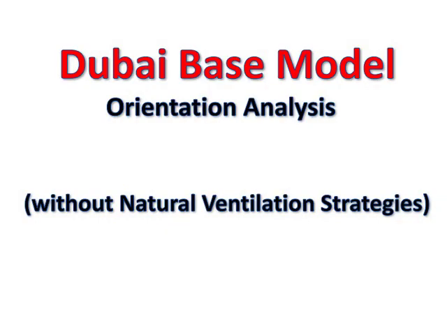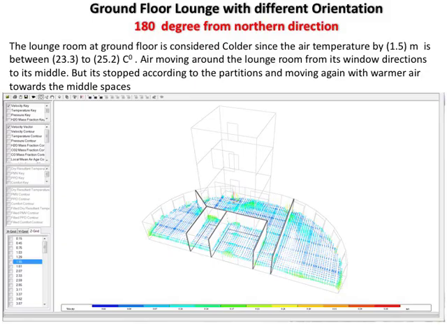For the Dubai base model orientation analysis, without natural ventilation strategies, the lounge room at the ground floor is considered colder, since the air temperature at 1.5 meters is between 23 and 25 degrees Celsius. Air moves around the lounge room from its window directions to its middle, but it stops at the partitions and moves again with warmer air towards the middle spaces.